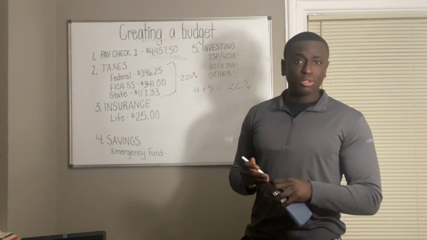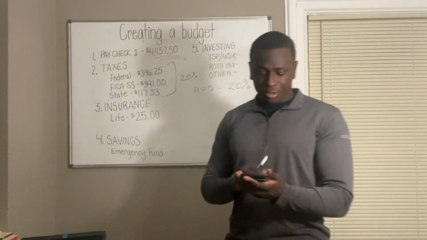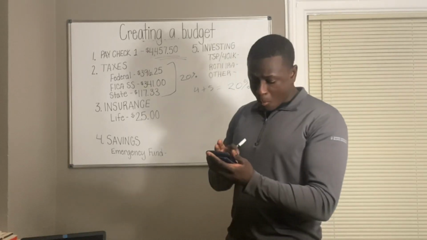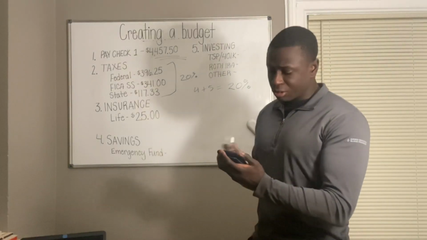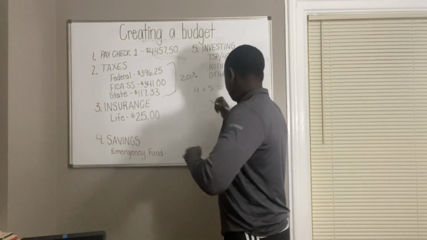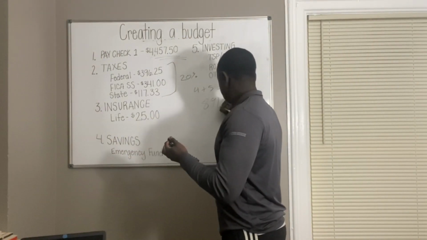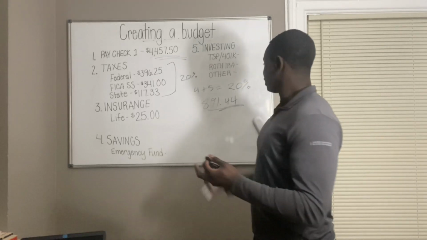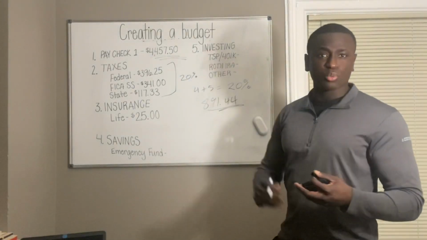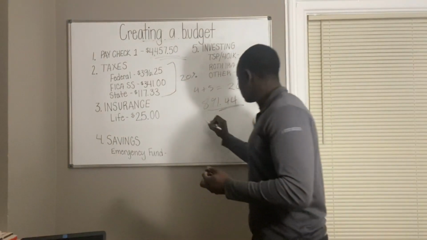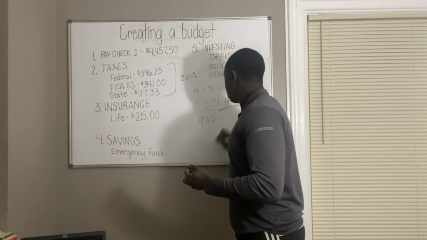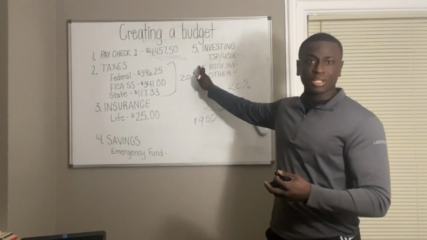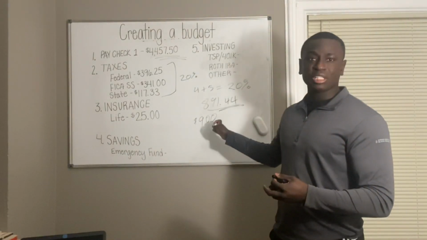So how we're going to do that is you're going to get a calculator, put in 4,457 times 0.2, and that's going to give you $891.44. And since we're being generous here with ourselves, because we like to treat ourselves well, we're just going to make that $900. So within these 2 categories, between your savings and your investments, you should have $900 each month allocated.